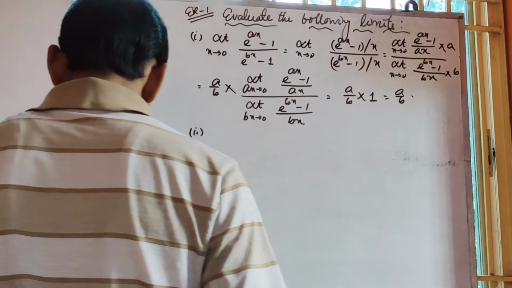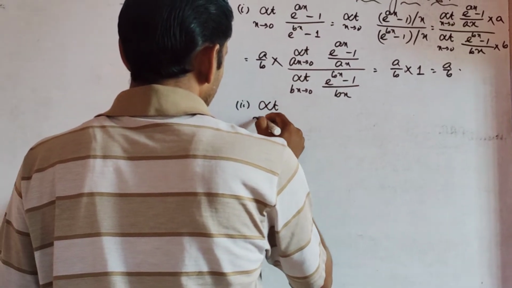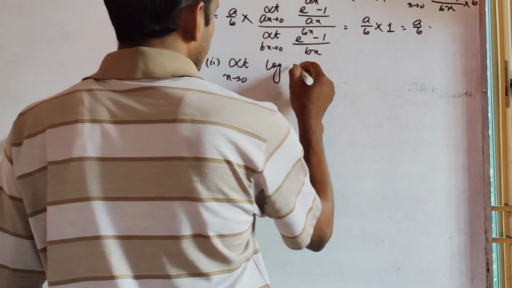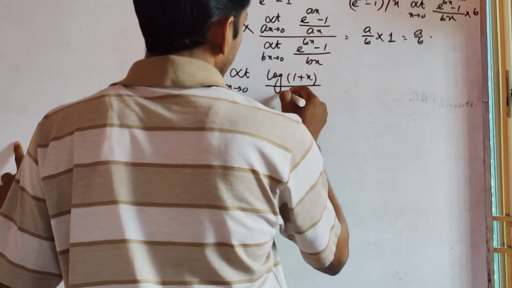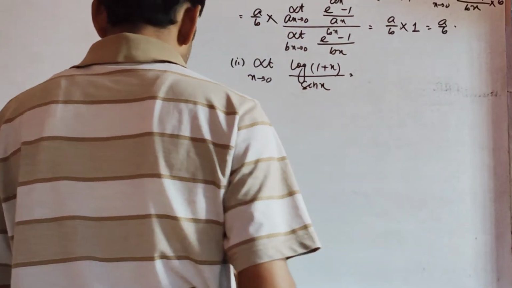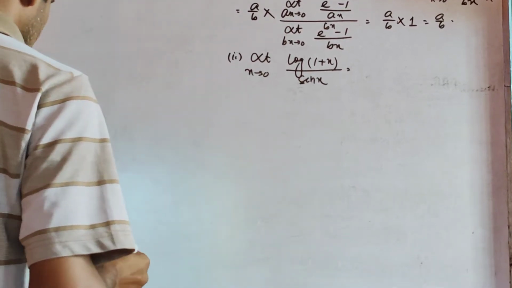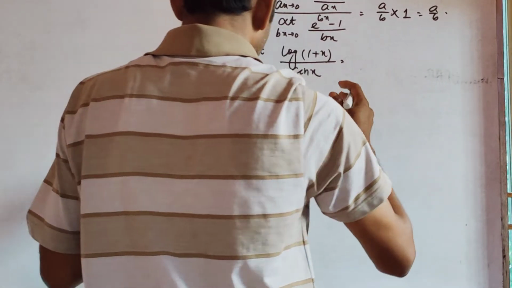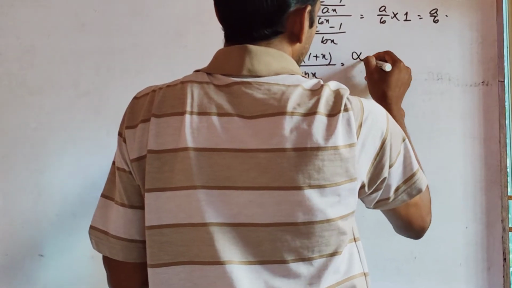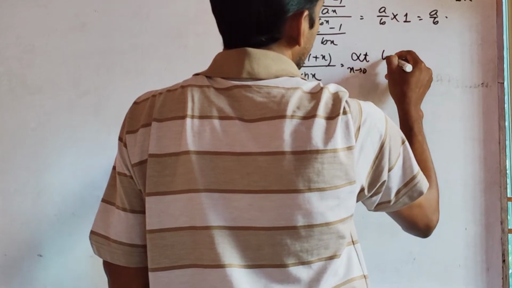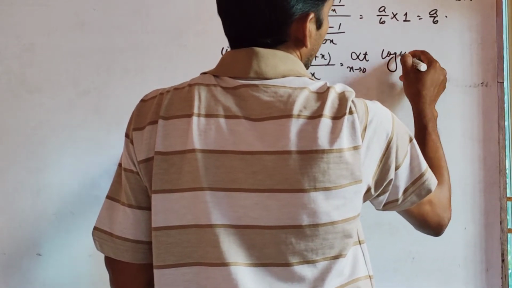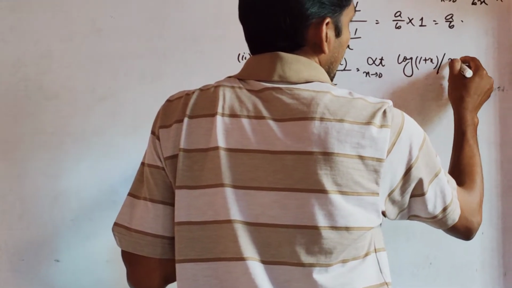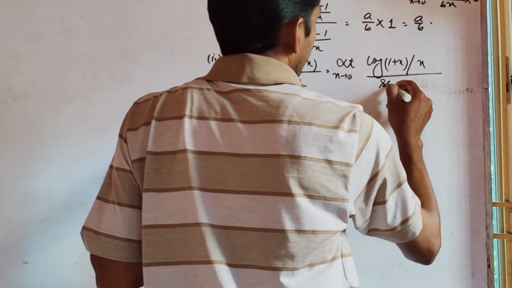Second, limit x tends to 0, log(1 plus x) by sin x. Okay. So here it will be again, let's see, limit x tends to 0, (log(1 plus x) by x) by (sin x by x).